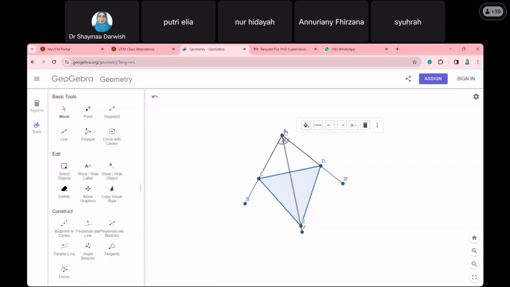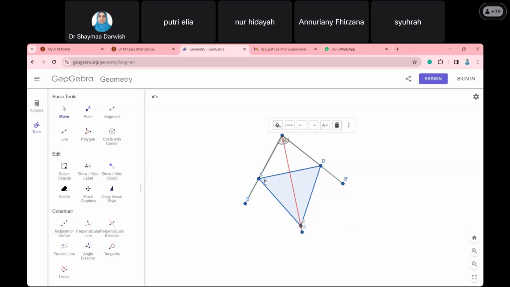If you look at the triangles ADE and ACE, these two triangles, AE is a common side between both. AD is equal in length to AC because we draw AD equal to AC.